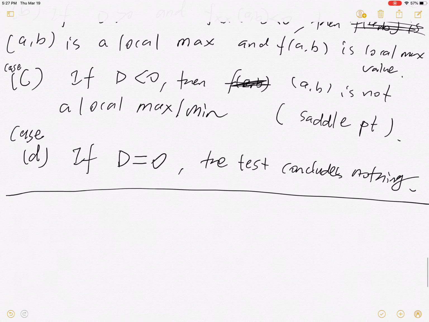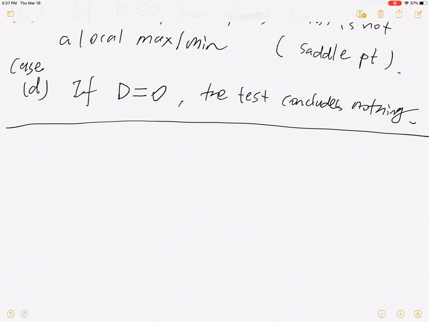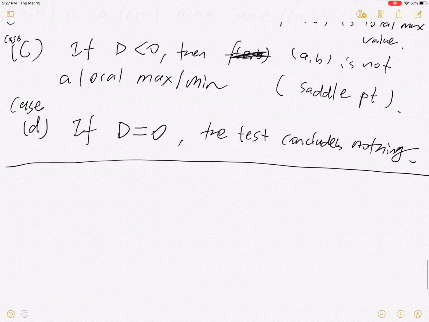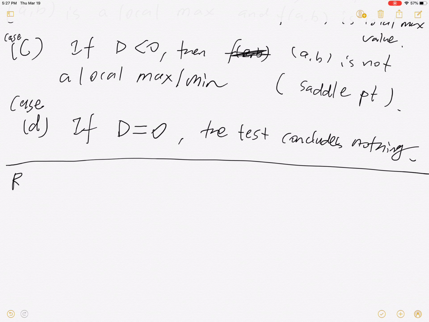Next, I will give some explanations for each case. So before that, let me make some remarks. So remark 1, I give a star mark here. That means you don't need to know if you don't want.